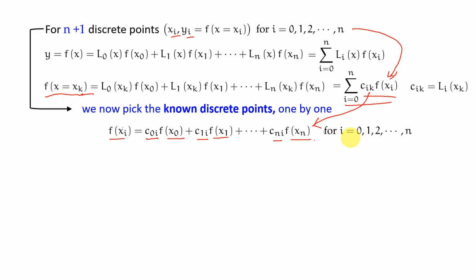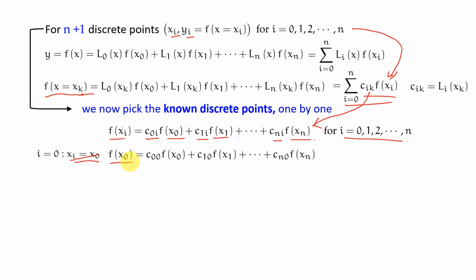So we want to repeat this for all i's going from 0 to n. So what happens exactly if, let's say, we take the case i equals 0, where xi equals x0, which means that in place of xi I put x0. This will be c00 f(x0), c10 f(x1), etc., up to cn0 f(xn).